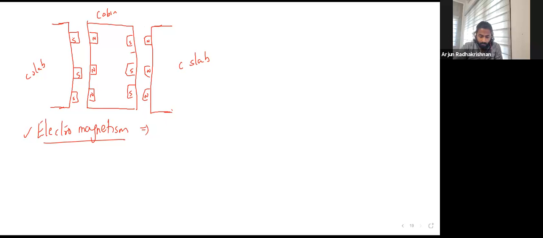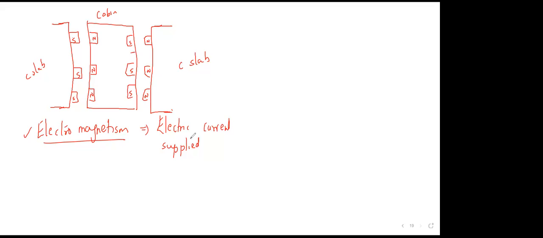That is, when electric current is applied, attraction happens, and there will be pulling. And the train will move forward.